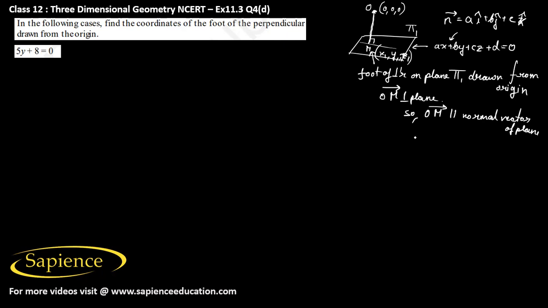So therefore I can tell that the OM vector will be equal to some lambda times the n vector.